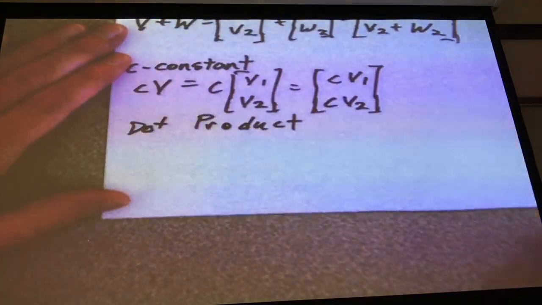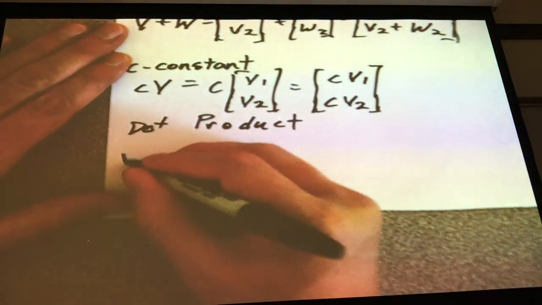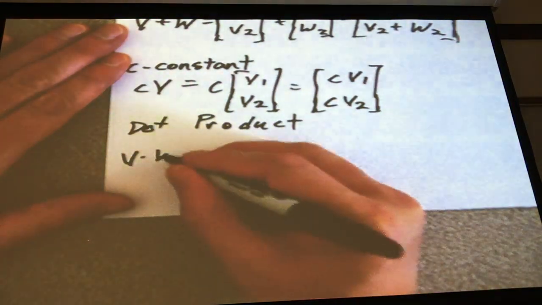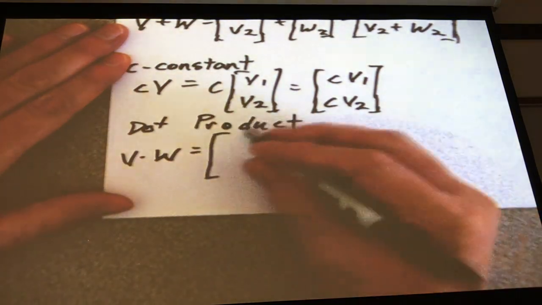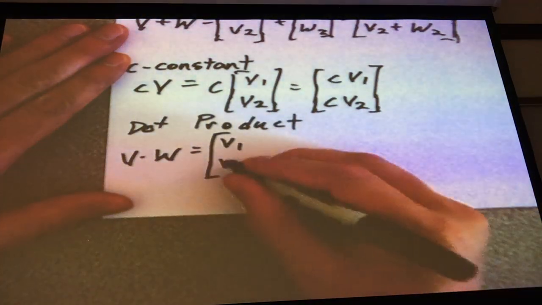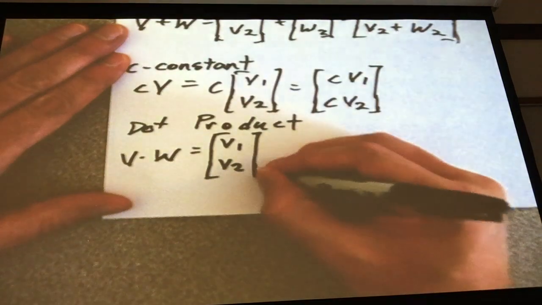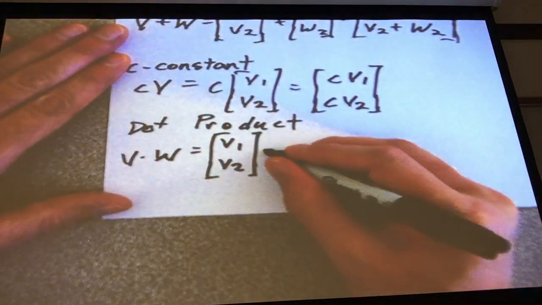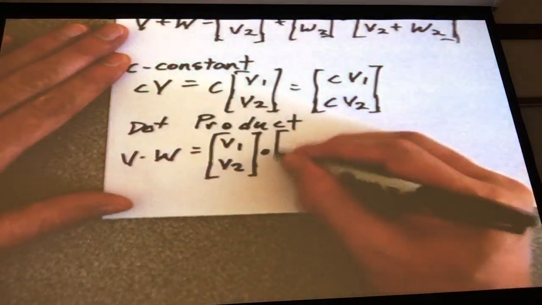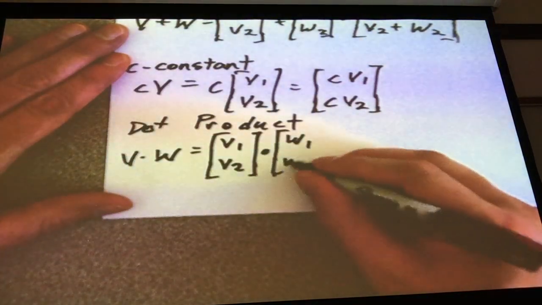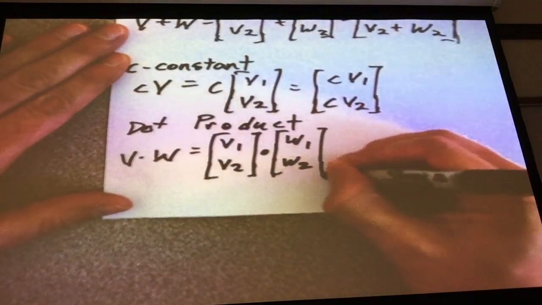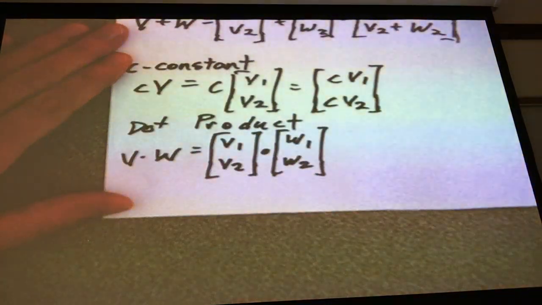Okay. Now, if I have V dot W, that's going to equal V1, V2, dotted with W1 and W2. Okay.